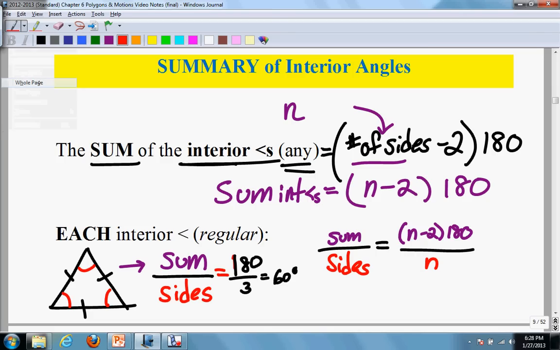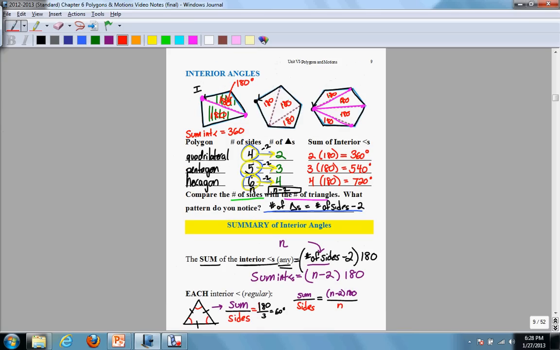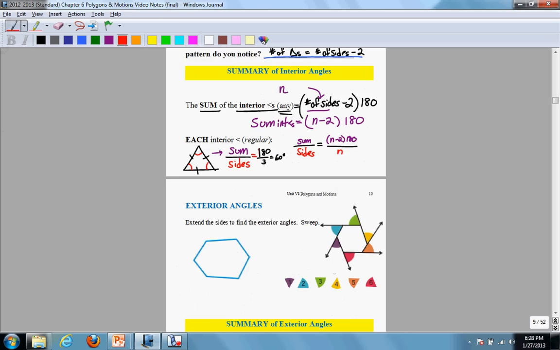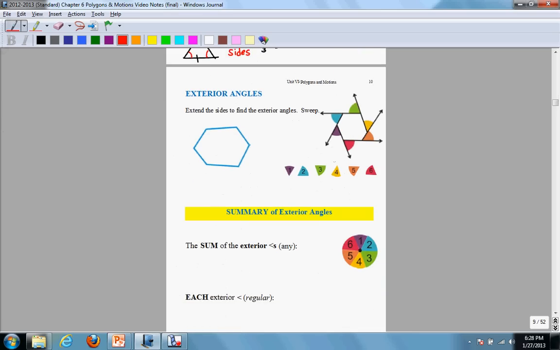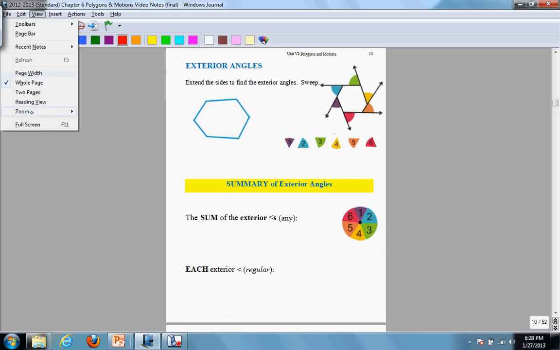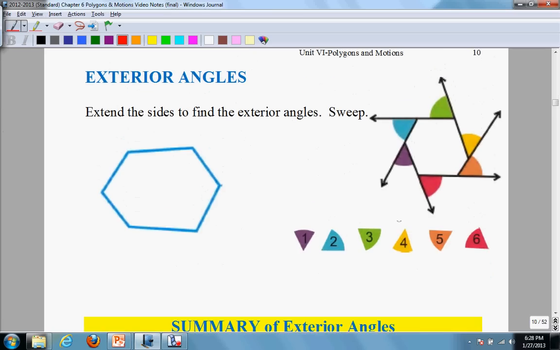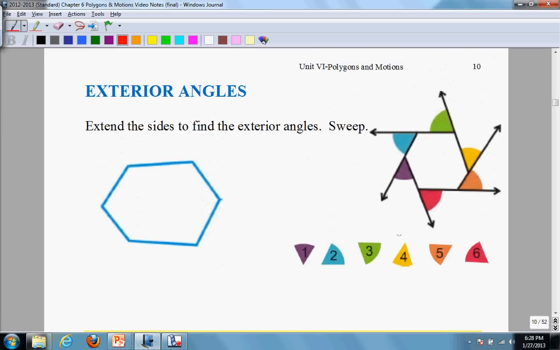Let's look at exterior angles here. I'd like you to take this polygon and we're going to sweep the exterior angles. To do that, take one side, stretch it out, and sweep.